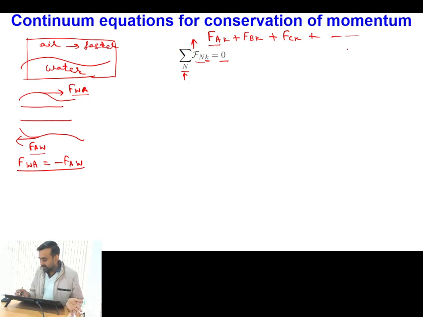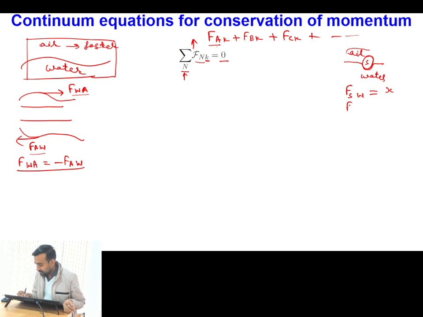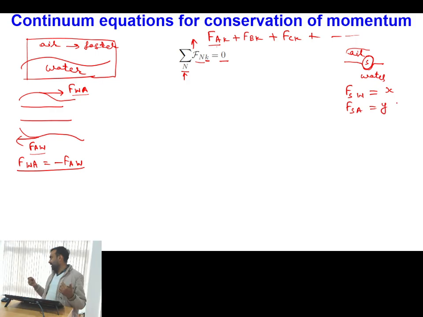In a multi-phase scenario, you can have a particle, part of which is covered with water and part of which is covered with air. Then what will happen? On this particle, say this is a solid particle, FSW will have some x magnitude and FSA will have some y magnitude.